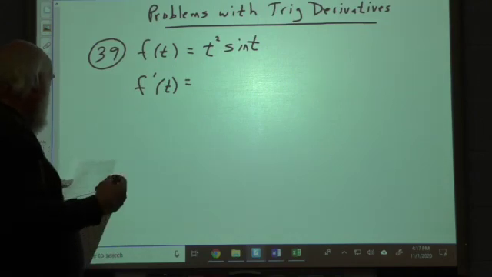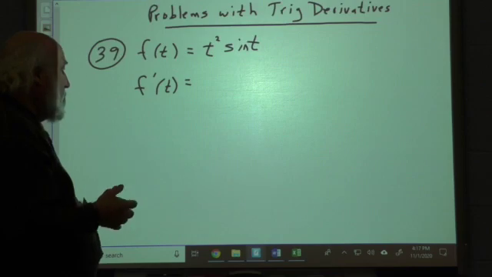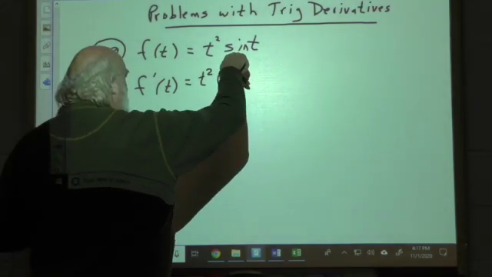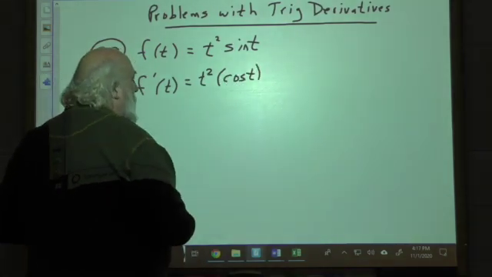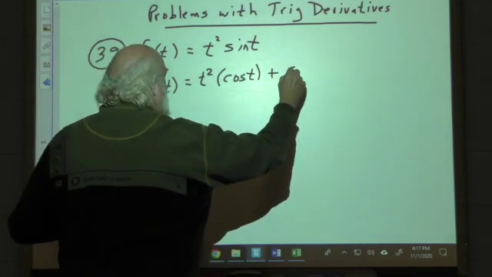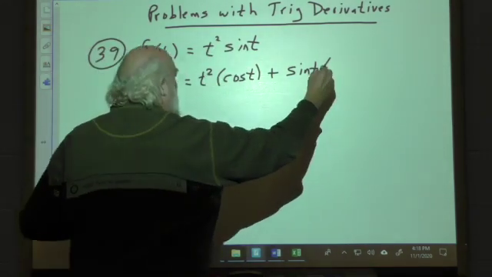Well, this is pretty simple because now we're going to use the law of products. So t squared times the derivative of sine t, which is cosine t, and then plus, because we're multiplying, sine of t times the derivative of t squared, which is 2t.